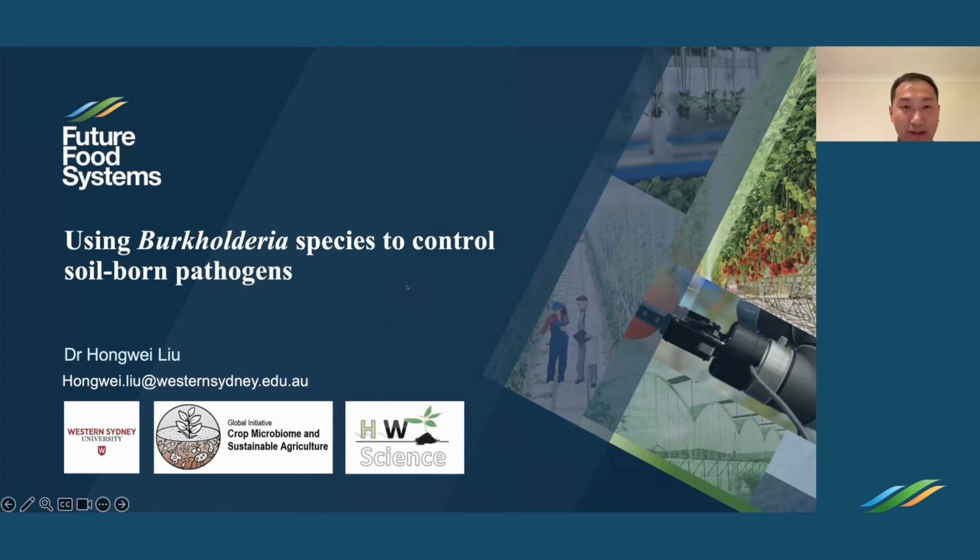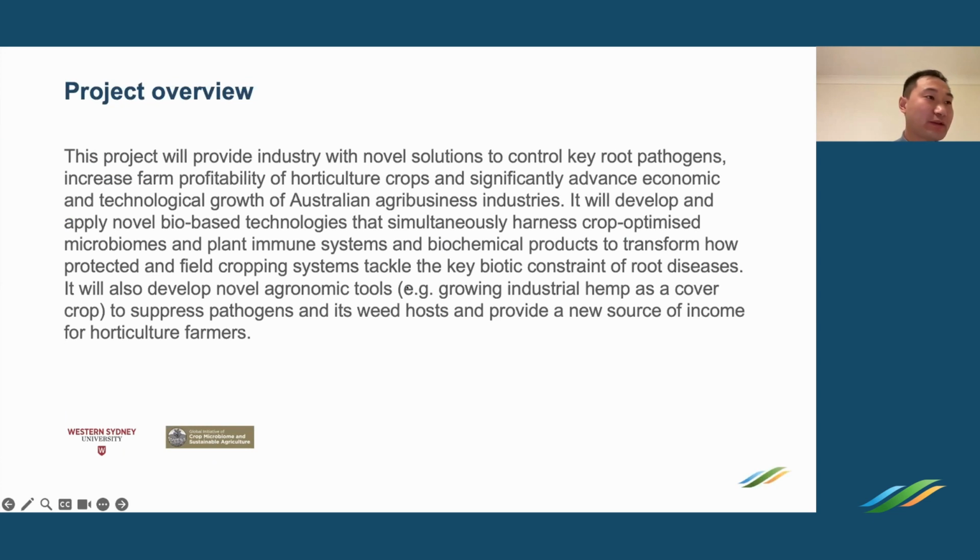So firstly, I'll briefly introduce the project. This project aims to deliver innovative solutions for controlling crucial soil-borne or root-associated pathogens in horticulture crops, enhancing Australian agribusiness profitability and growth.